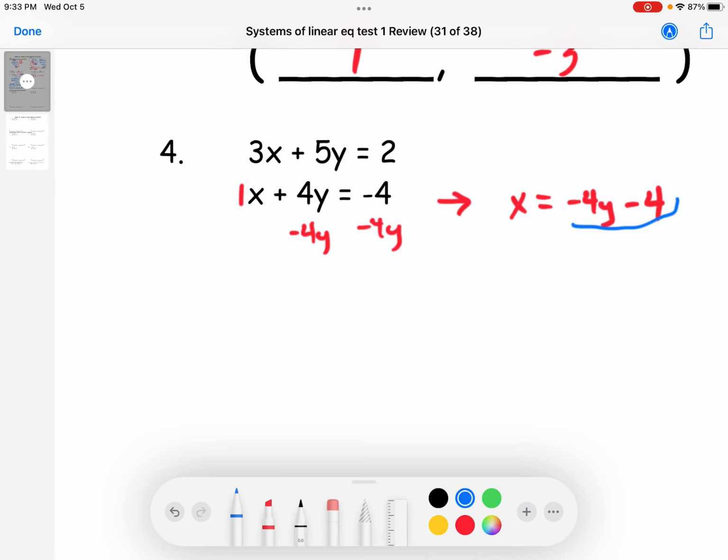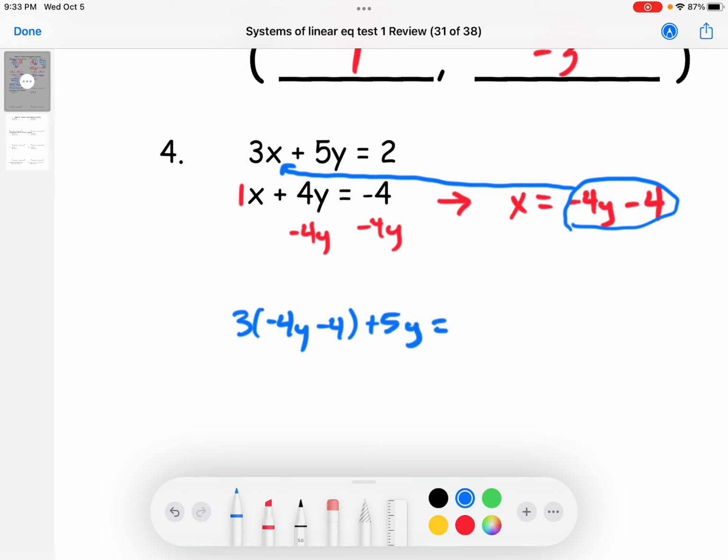They're not like terms, so we can't put them together. So I take this right here, and I substitute it in place of the x right there. So instead of 3 times x plus 5y, we've got 3 times all of this business plus 5y. There we go.